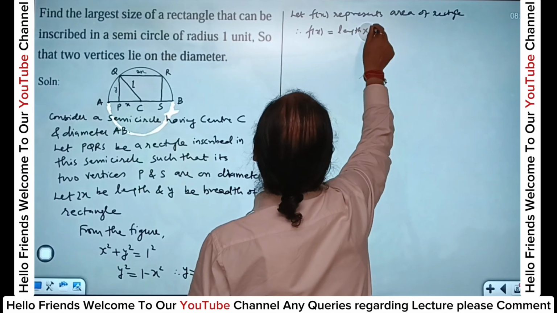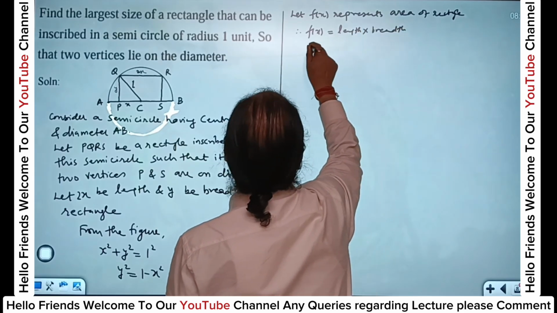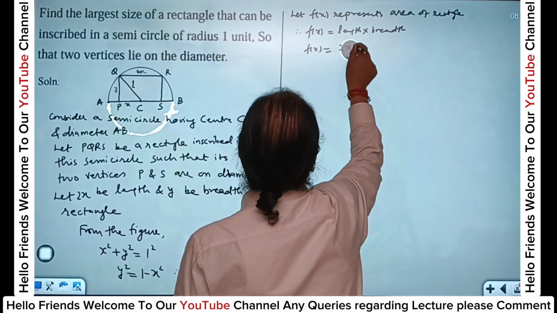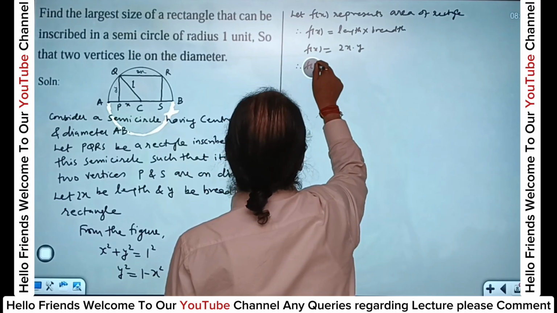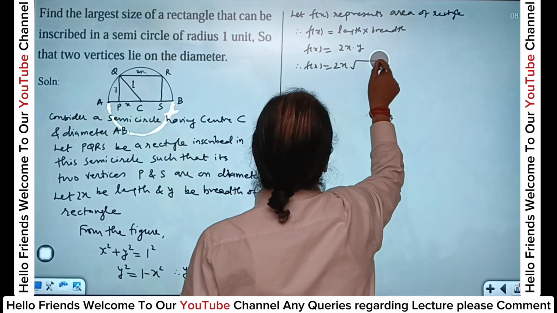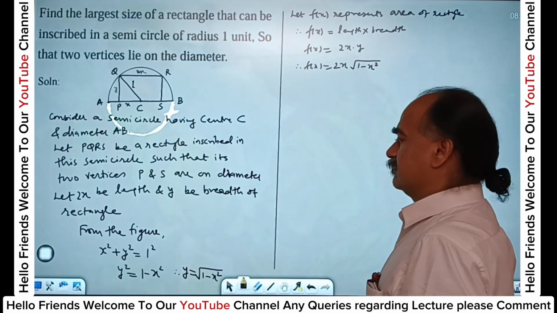Length into breadth. Length is 2x and breadth is y. 2x into y is 2x root of 1 minus x square.